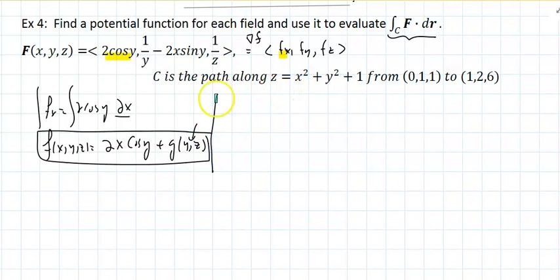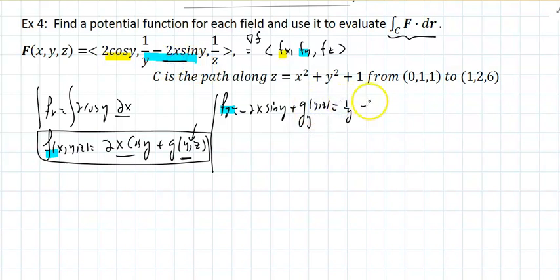Now, if I take a partial derivative with respect to y, it should equal this part. The partial derivative with respect to y of my answer is negative 2x sine of y, plus g sub y of y, z, and that should equal this component, 1 over y minus 2x sine of y.